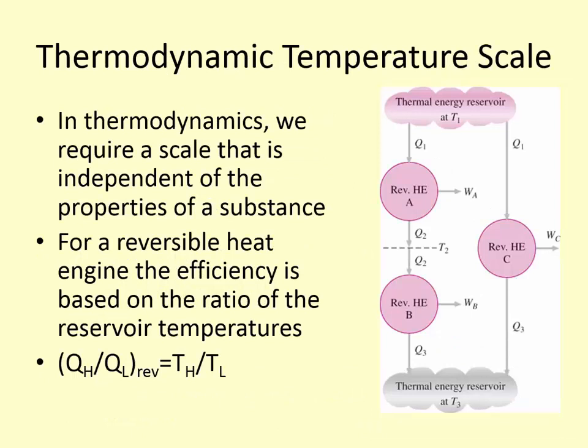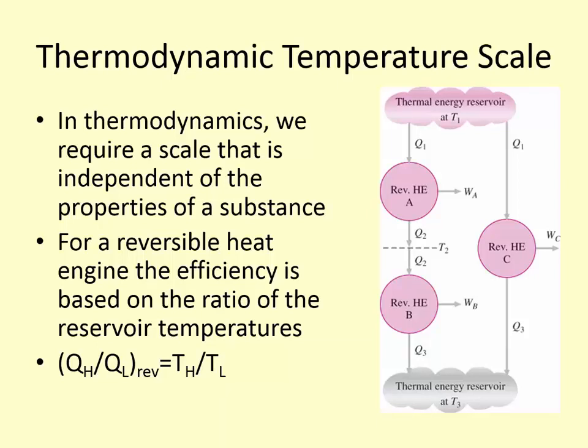We need to use the thermodynamic temperature scale whenever we're calculating Carnot efficiencies, and again, it's because this temperature scale is not based on any individual working fluid. The Fahrenheit scale and the Celsius scale are based on freezing and boiling temperatures of working fluids, whereas the thermodynamic temperature scale is based on absolute zero.